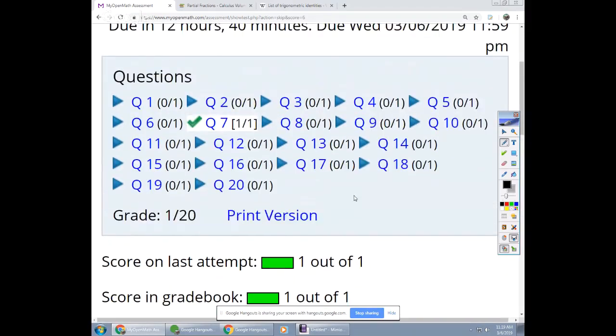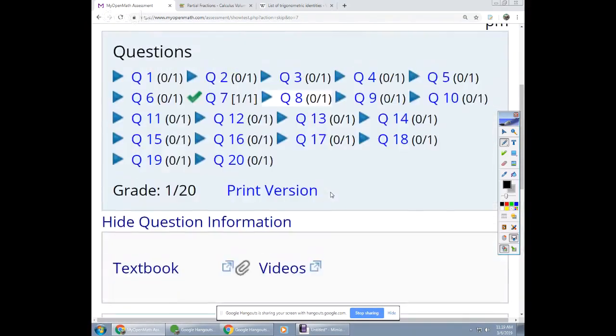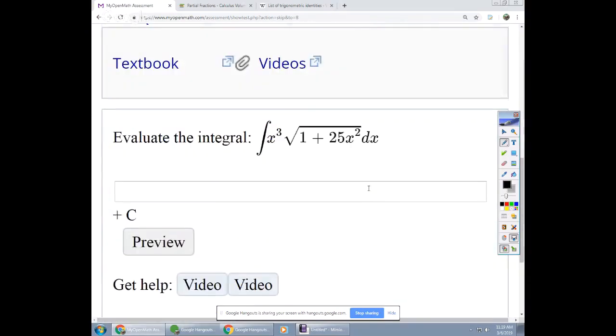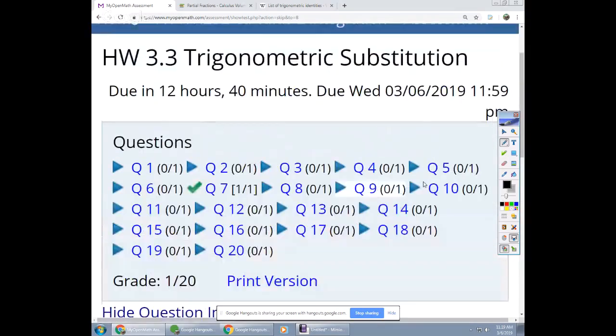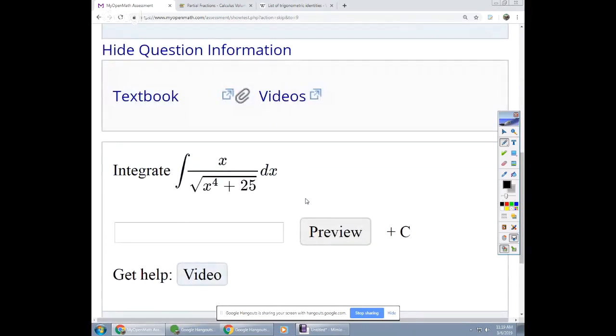What else looked exciting? Ben recommended something. That one. Too bad. X to the 4th power. That looks interesting. Let's try that one.